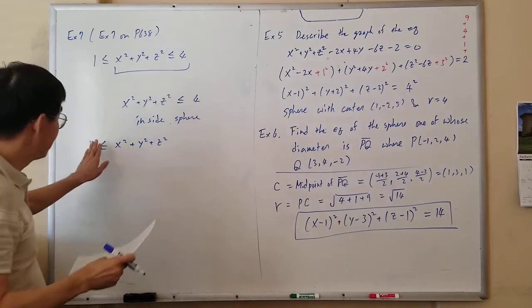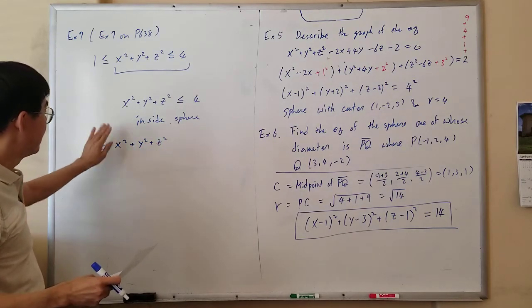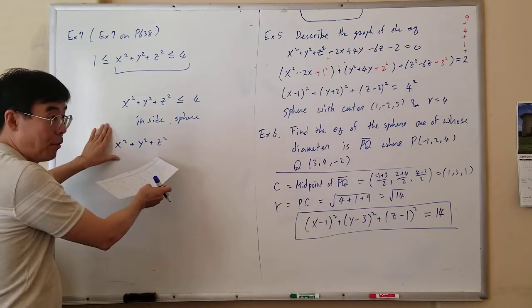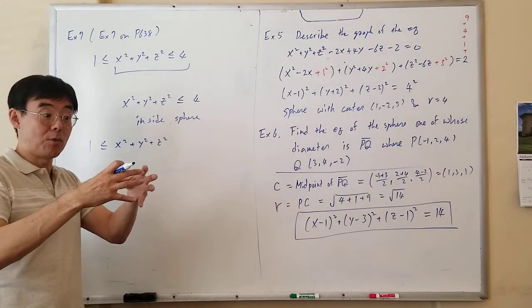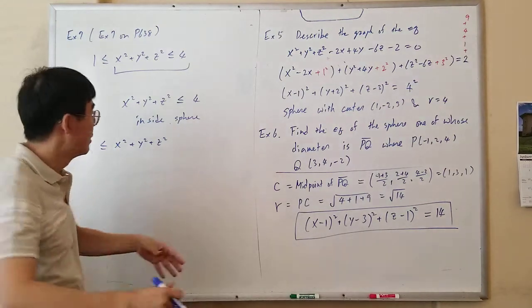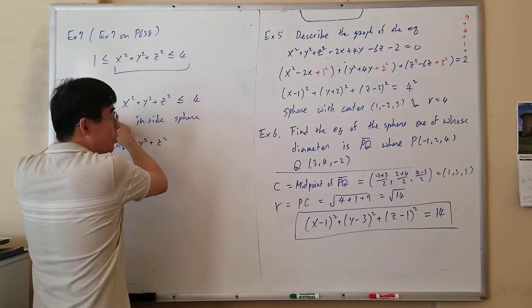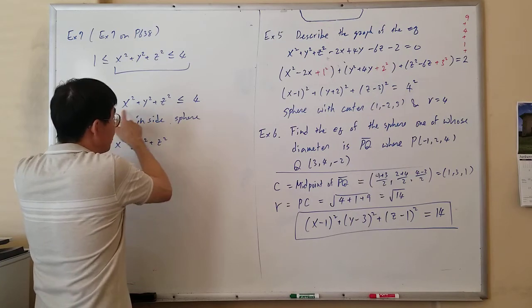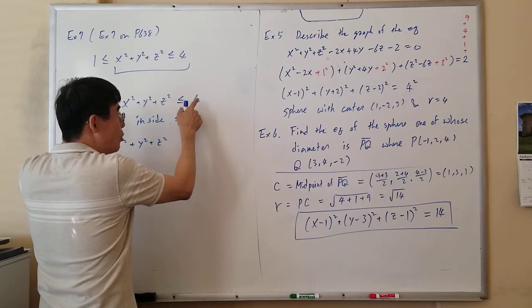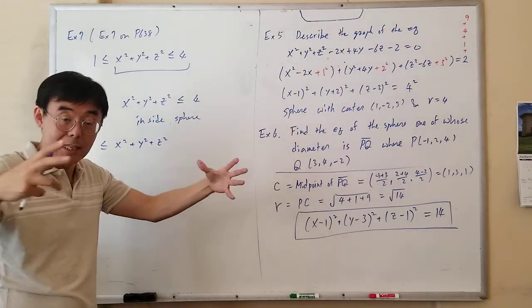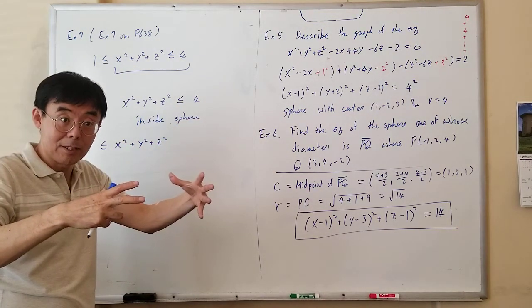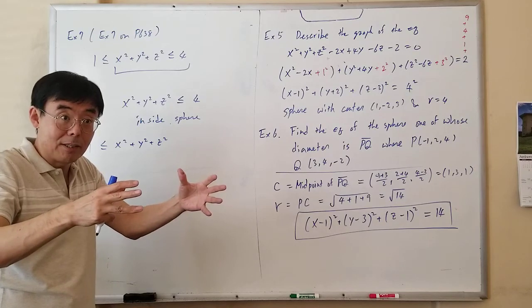This means inside the sphere of radius 2. The unit sphere is the sphere with radius 1, and the distance from the origin to your point is greater than 1. That means the sphere with radius 1 and outward. The distance from 0, 0, 0 to x, y, z is less than square root 2. So inside the radius 2 sphere, outside the radius 1 sphere, right?